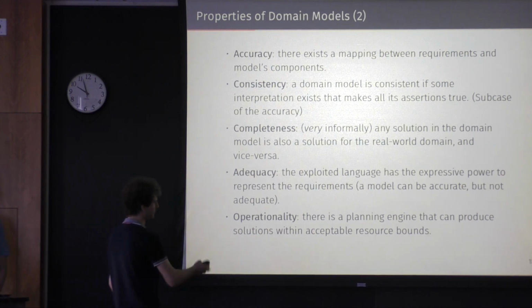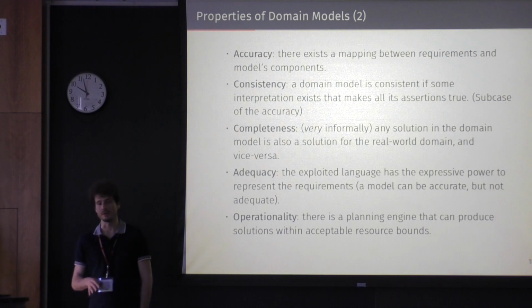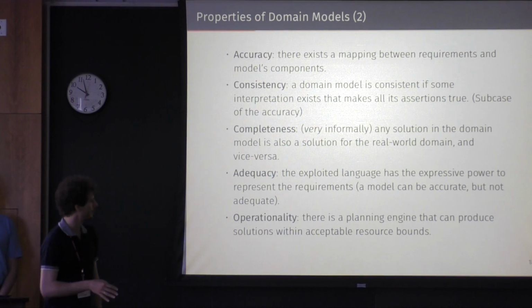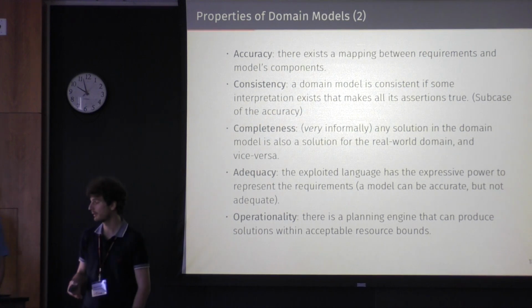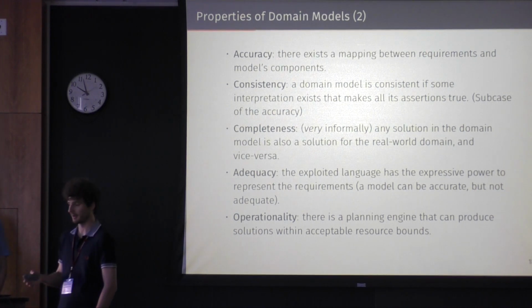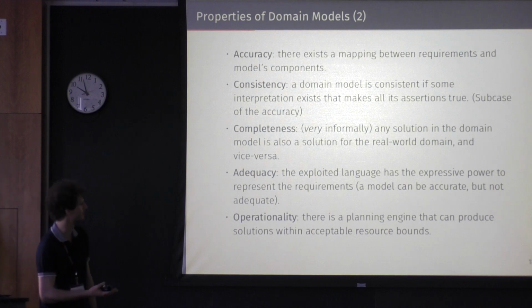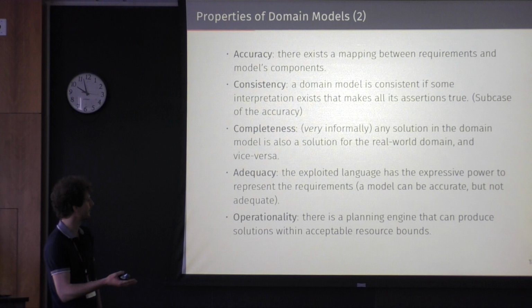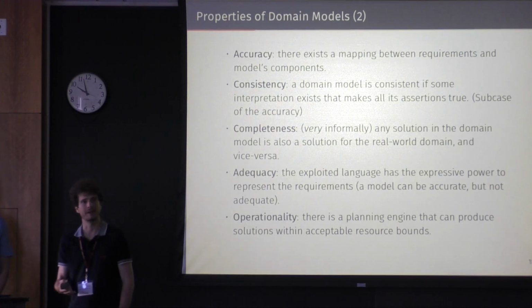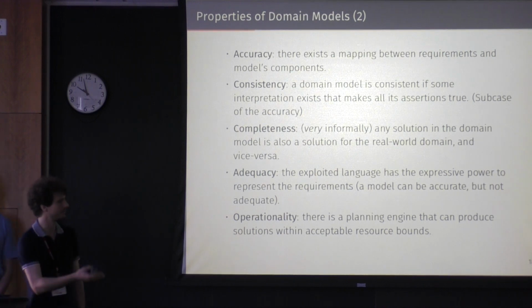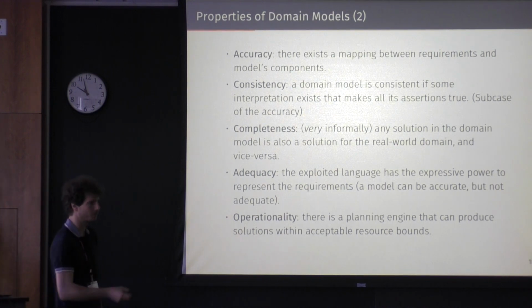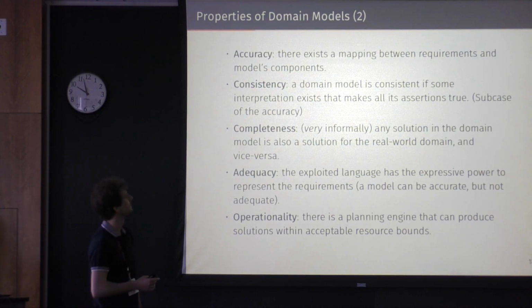And remember that resource does not only mean time. It may mean RAM or hard drive or bandwidth or anything like that. So it's really a matter of resources. You may have some boundaries because, for example, they're running their planning engine on the cloud, and they have only some credit which is available, and you have to find a way of generating a solution within that credit limit, which is set by the cloud system.